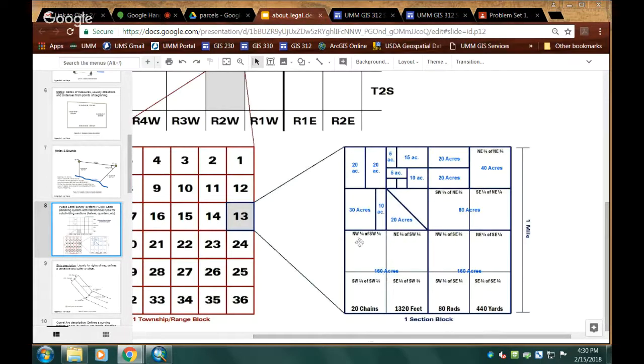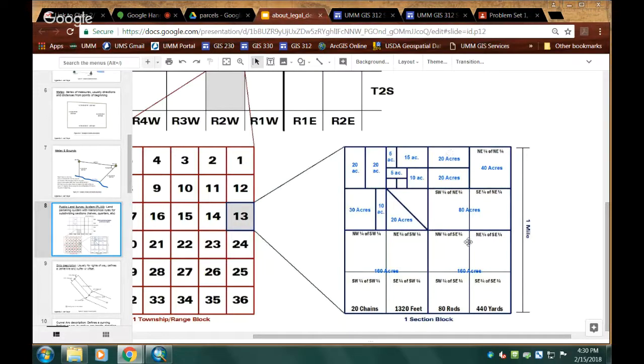They were called sections, and they were 160-acre sections. They were most often subdivided into quarter sections. So if you've ever heard of somebody refer to a quarter section lot, that's what they mean. And those quarter sections, not surprisingly, are 40 acres each. So sometimes a half section, etc., quarter.